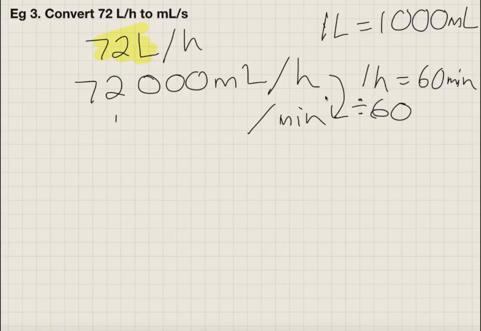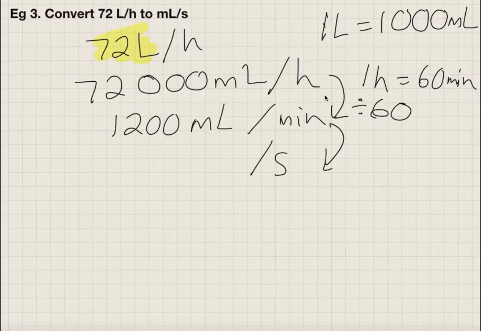So we get 1,200 millilitres per minute, and then we want to change it into per second, so we divide by 60 again because there's 60 seconds to 1 minute. So dividing by 60, we get 20 millilitres per second, and that's your final answer for example 3.